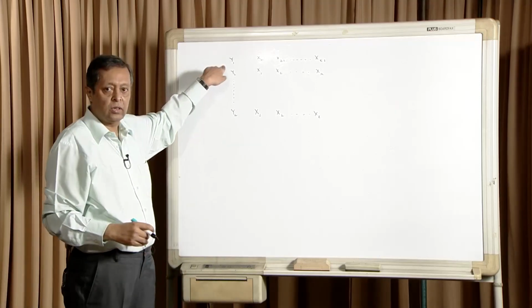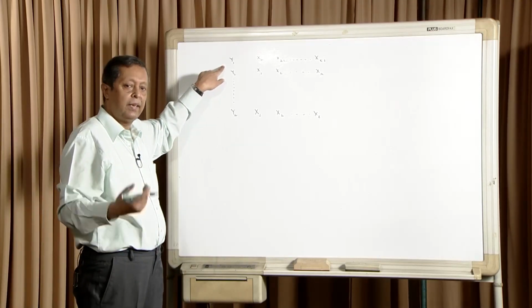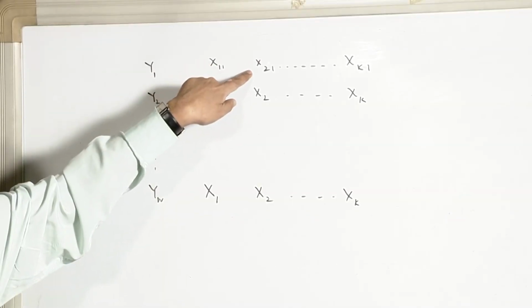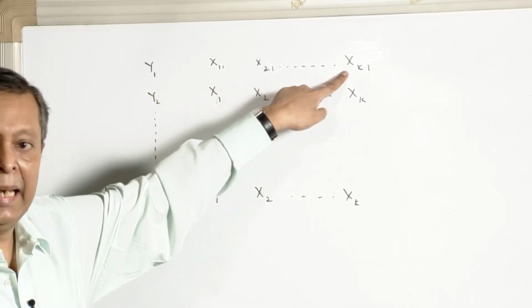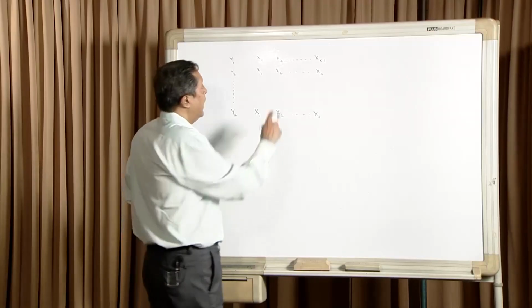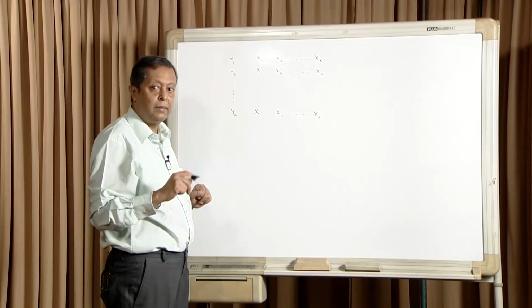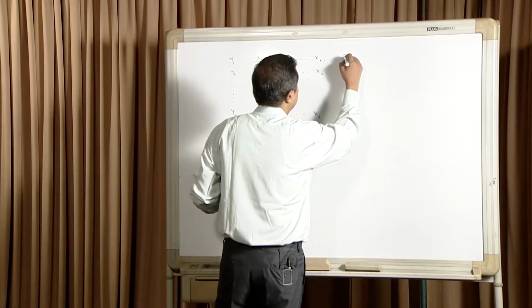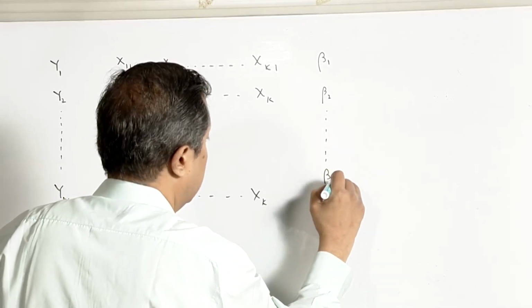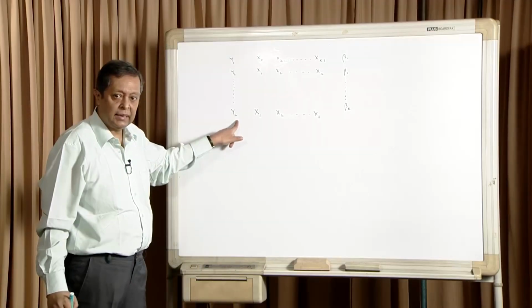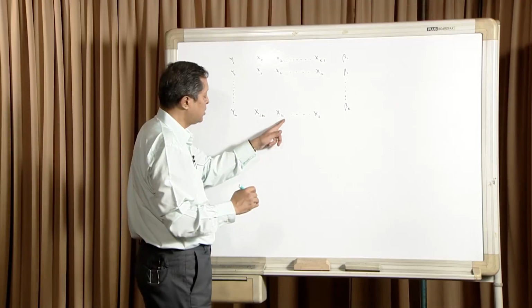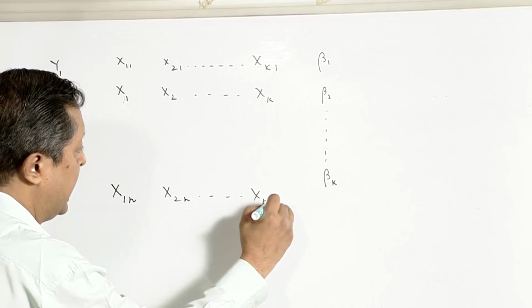So, for the first observation of y, the explanatory variables are first variable x1, first observation, second variable x2, first observation, through kth variable xk, first observation, and similarly for all the others. And each of these need to be multiplied by the corresponding betas. So, we now write beta 1, beta 2 right up to beta k, and the nth y variable is associated with x1, nth observation, x2, nth observation through xk, nth observation.